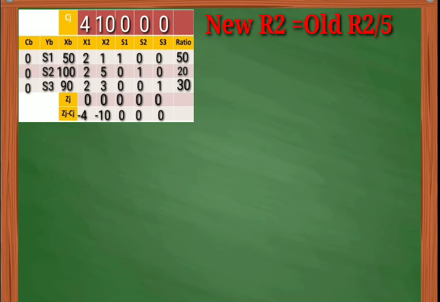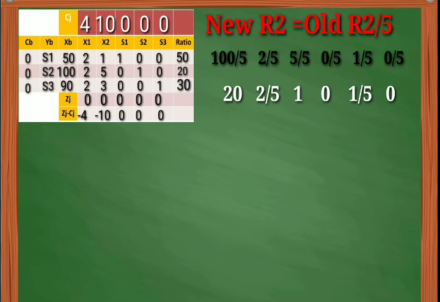Now we want to find new R2. For new R2, old R2 divided by the pivot element 5. Here 100 divided by 5, 2 divided by 5, 5 divided by 5, 0 divided by 5, 1 divided by 5, 0 divided by 5, is equal to 20, 2 by 5, 1, 0, 1 by 5, 0. Now we want to find new R1.